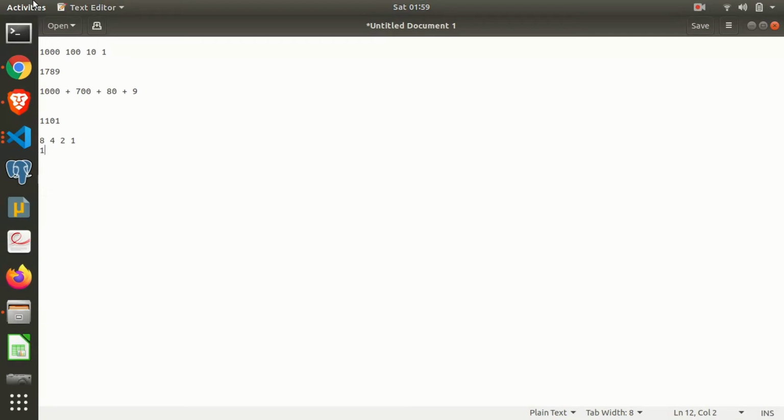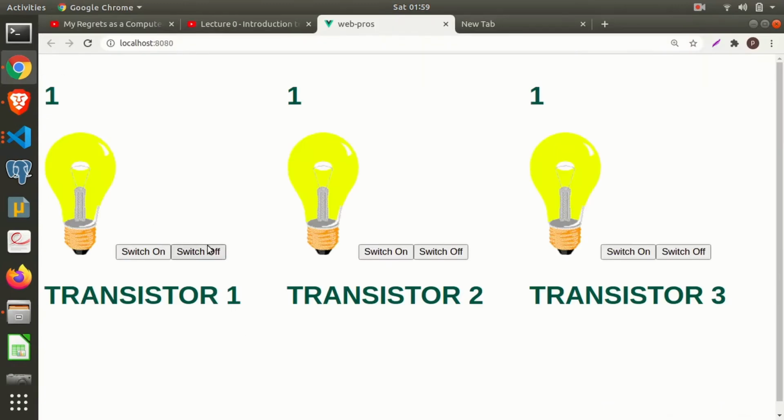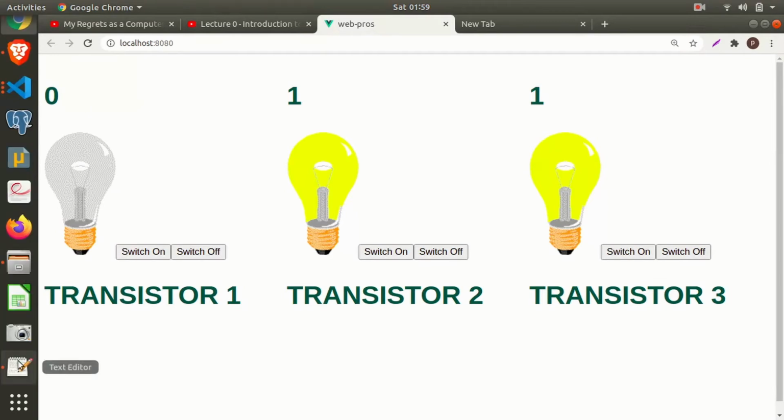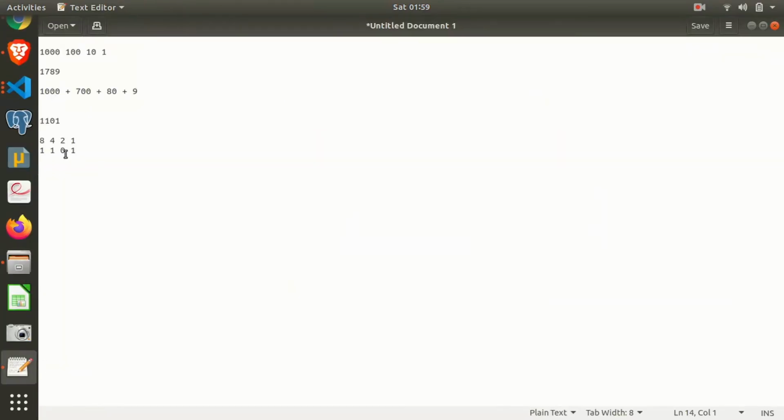So if I represent 1, 1, 0, 1, as I said in the starting, if it is 0, it is not representing any information. So wherever there is 0, you will not count that bit. Wherever there is 1, you will consider that bit.